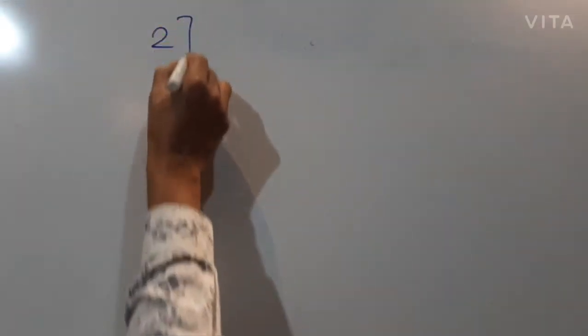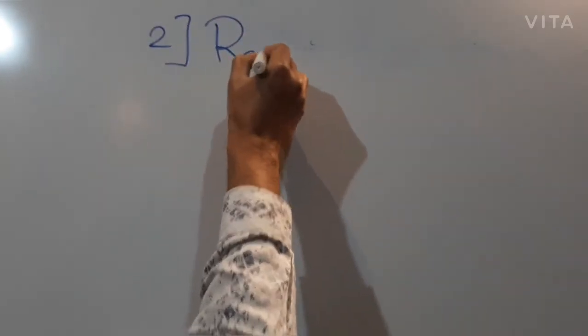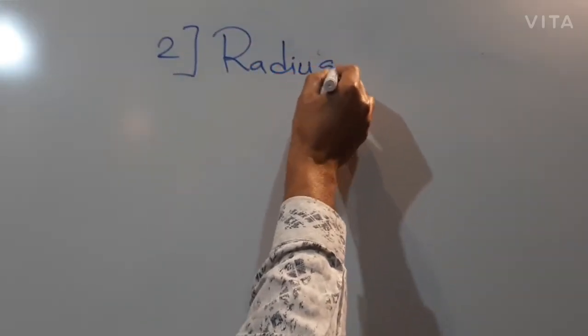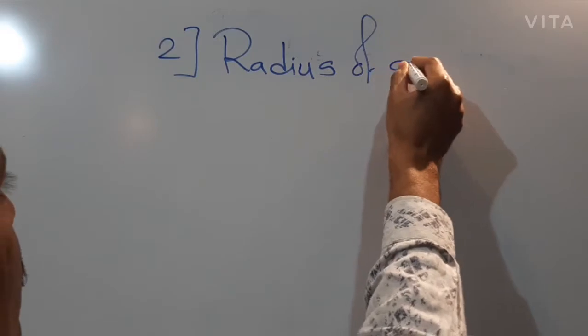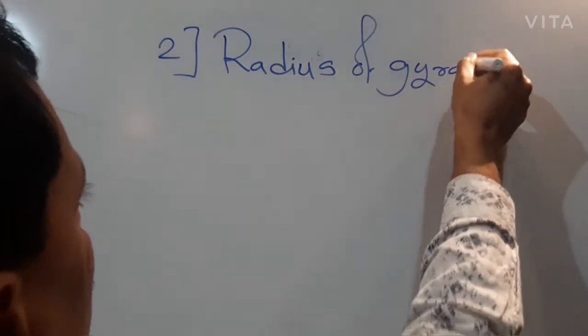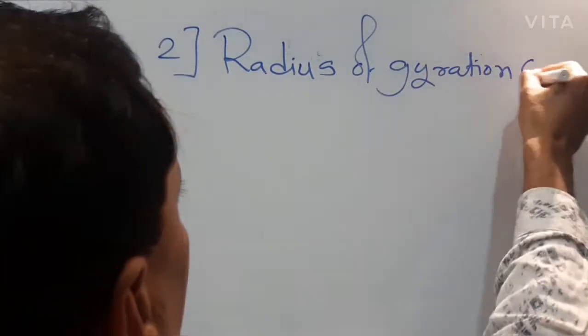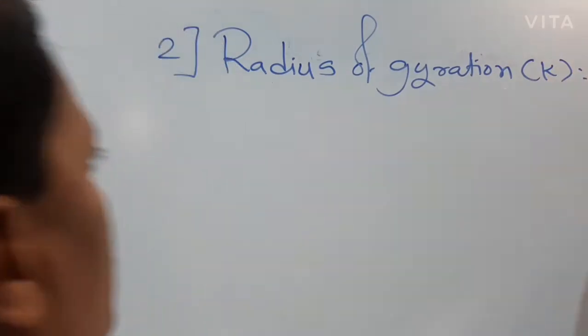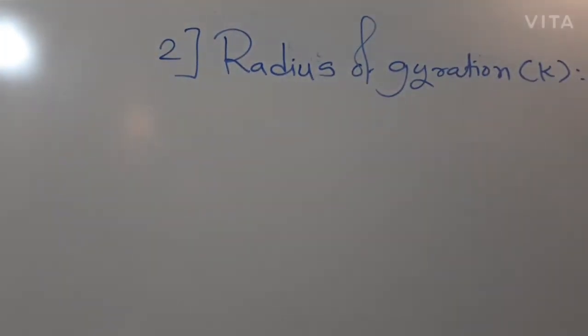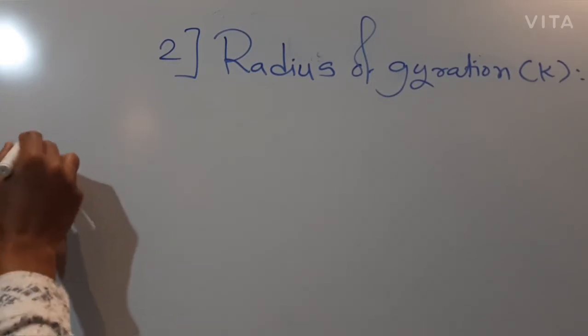So write down first: radius of gyration, K. And the question will be asked on this point, write down this question.